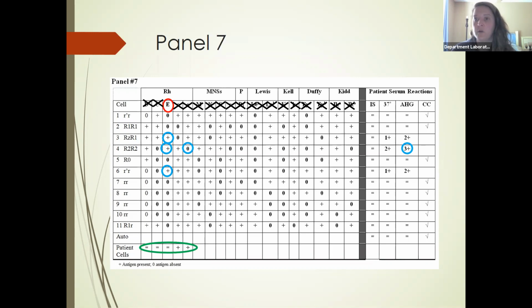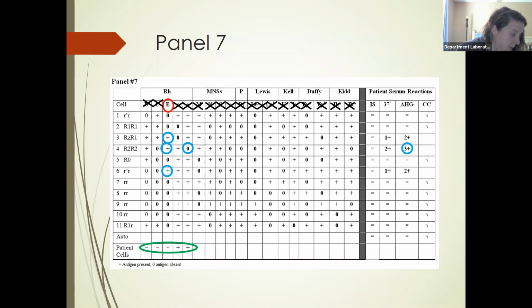So if this patient were to receive big C positive red cells, or for females, if she had a big C positive fetus, meaning that the dad was big C positive, then she could build anti-big C, okay? And notice also that she is big E negative, so her having the anti-E is a possibility. It makes sense.